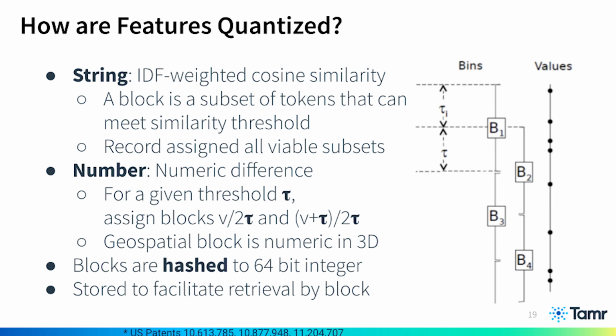Those overlapping blocks are assigned to the record. For geospatial features, we do the same numeric quantization, the same numeric blocking, but we do it in 3 dimensions. So essentially, we assign overlapping voxels to geospatial points.